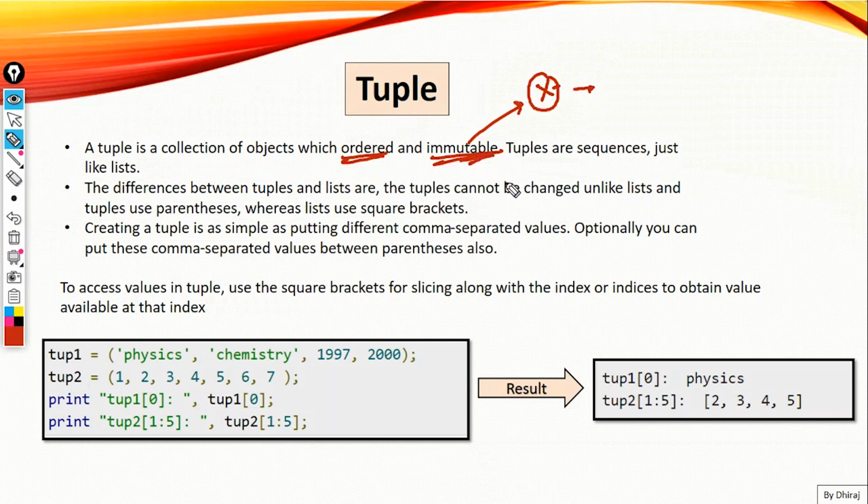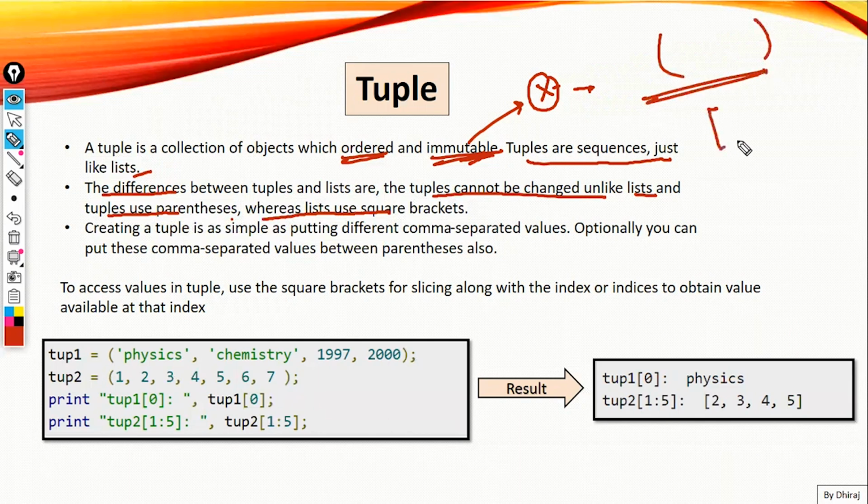So we're going to see what the functions are and why we are using tuple. Tuples are a sequence just like a list, right? The difference between tuple and list is that tuple cannot change, unlike the list. Tuples use parentheses, whereas lists use square brackets. So we represent tuple in round brackets and list in square brackets.